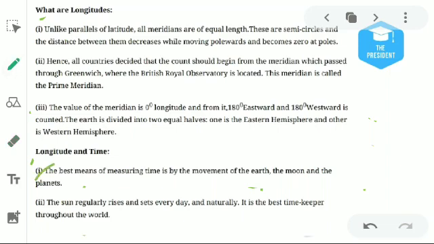In ancient times, when there was no time schedule and people didn't have a wristwatch or anything, people used the movement of the moon and the sun to determine the time. But now we have many scientific methods to tell the time.